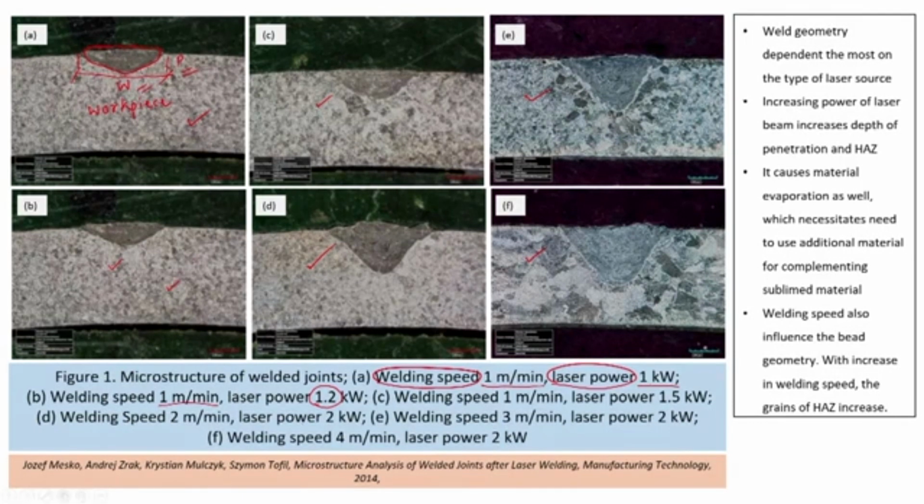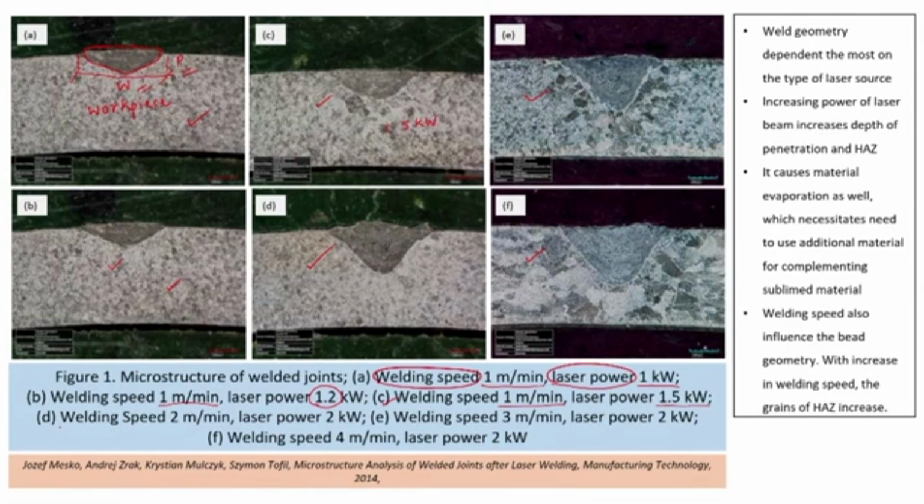In case number 3, the speed is again constant, but the power is further increased to 1.5 kilowatt.